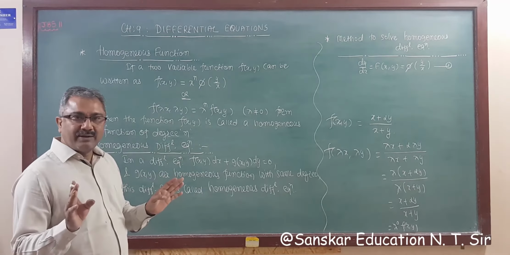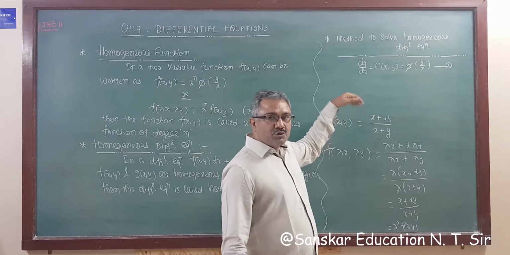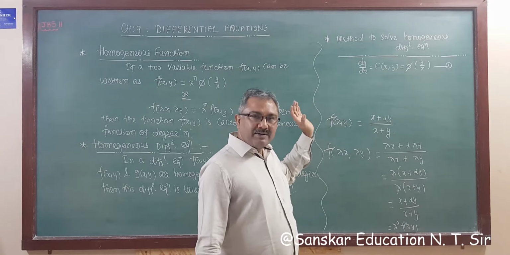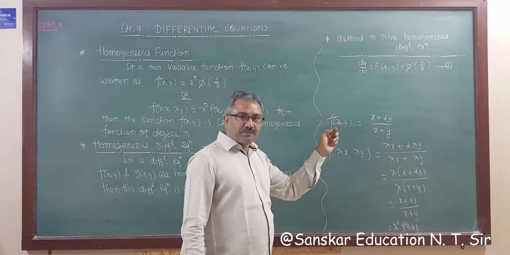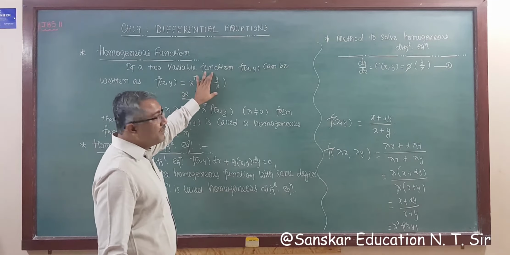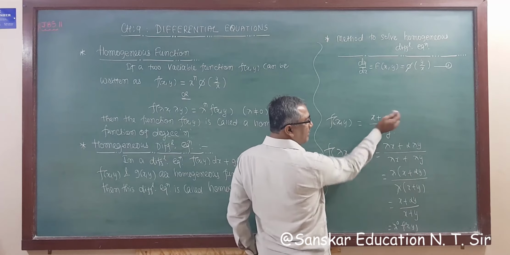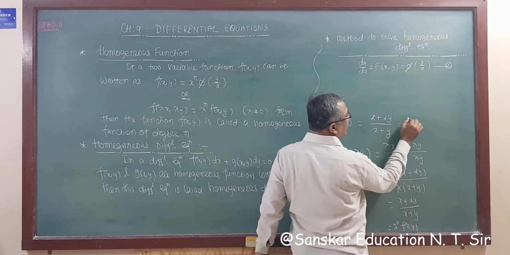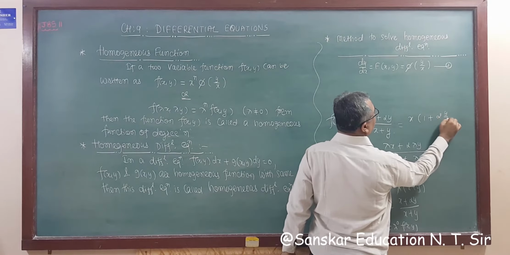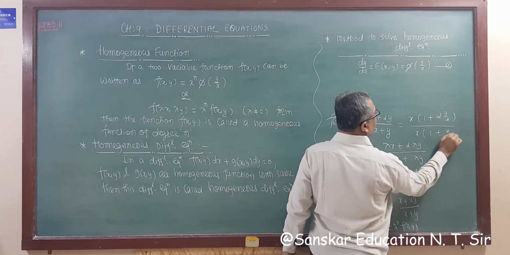Simply, you have to write the given function in the form f of x, y equal to x raised to n times a function of y by x. After writing this form, take x common, because we have to express it in y by x form. Taking x common, we can write 1 plus 2y by x whole upon 1 plus y by x.